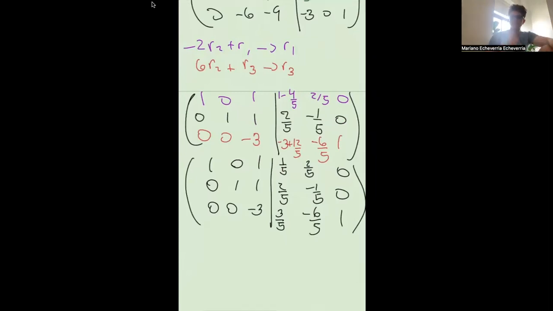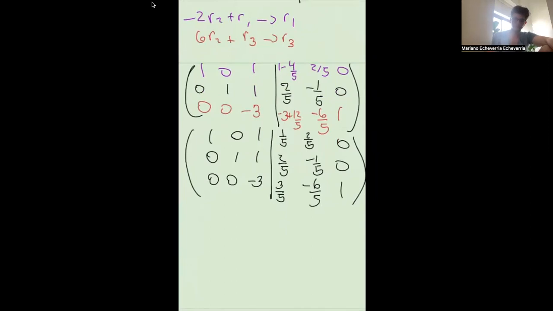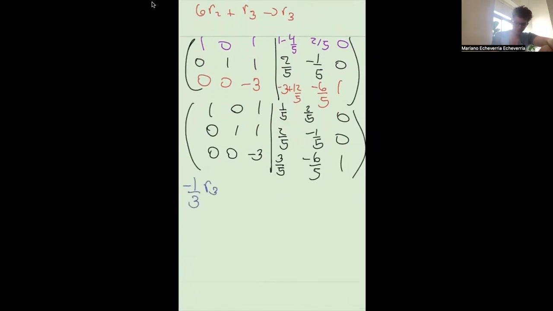So this will have an inverse, but still we don't have the formula for the inverse. To get the inverse, you just have to put -1/3 of row 3, because we need a 1 here. That one is easy, so let me put it first.